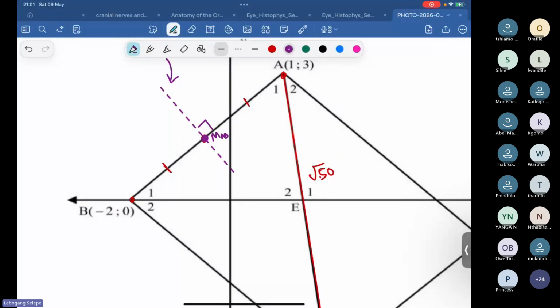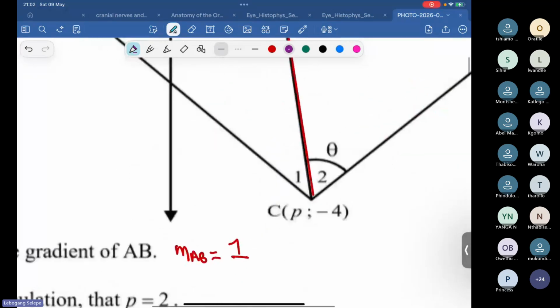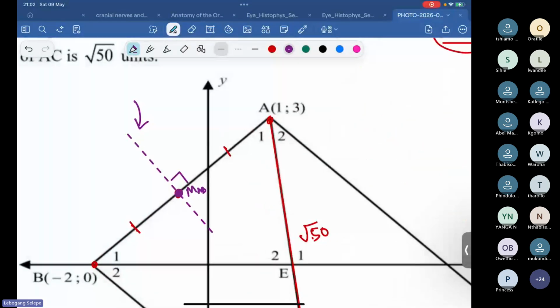Now, also remember, for you to find an equation of a line segment, you need its gradient, right? So now, can we calculate the gradient of that line? That's my question. Do we know the gradient of the purple line? And the answer should be yes, because we know the gradient of AB is 1. And if AB is perpendicular to the purple line, what is going to be the gradient of the purple line?